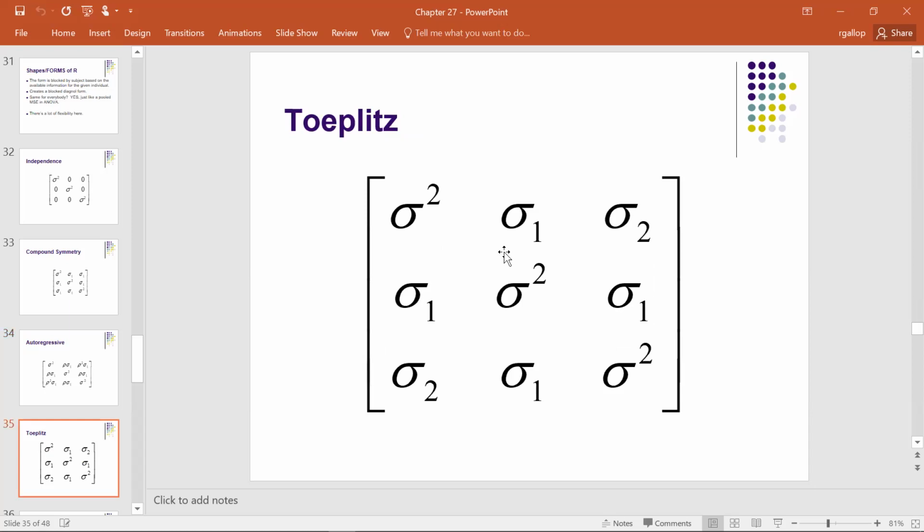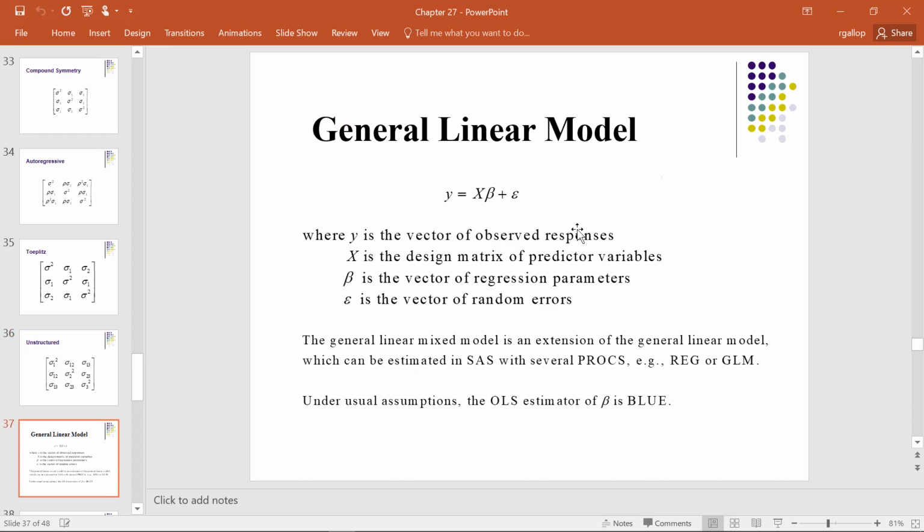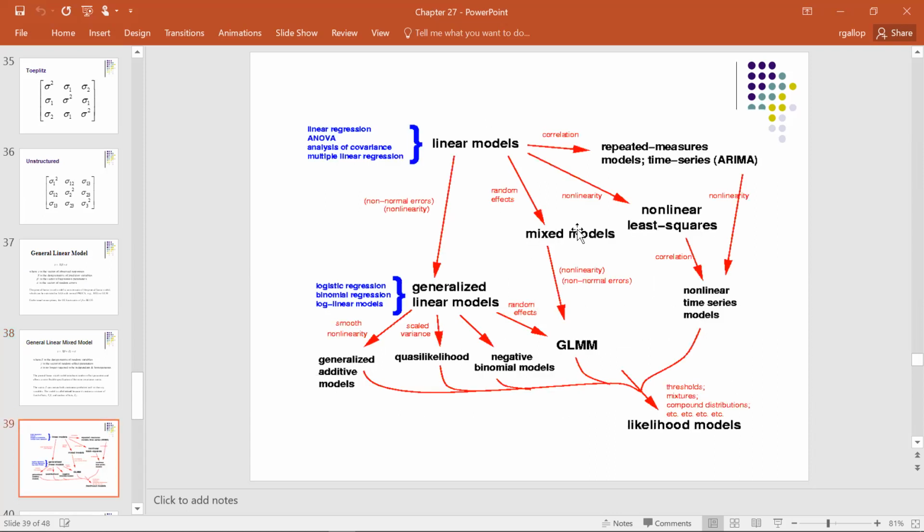Toeplitz has pooled variance, but separate covariance between pairs of points spaced differently over time. Unstructured makes no assumptions. And the big thing is we're extending the general linear model to what we call the general linear mixed model. And the big thing for us is really modeling that variance covariance matrix.